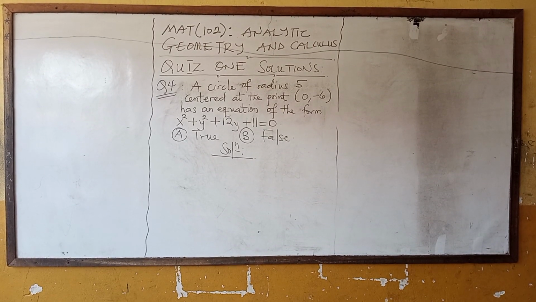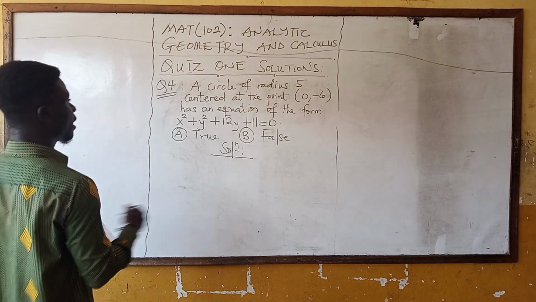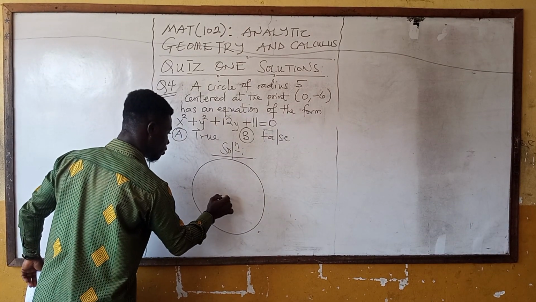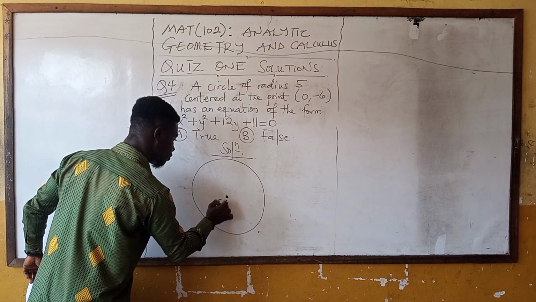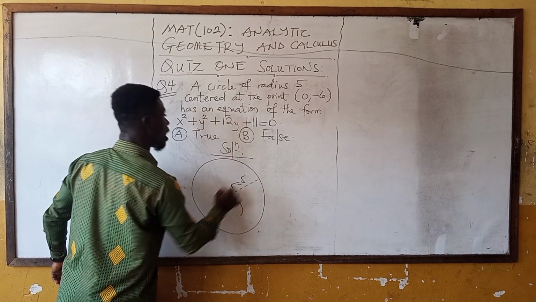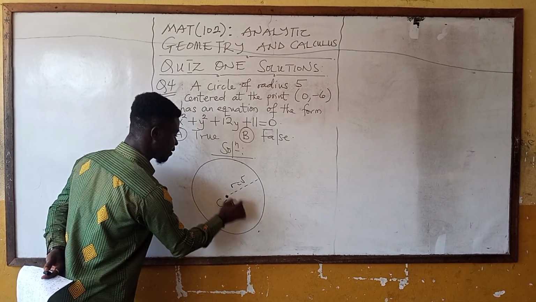A circle of radius 5 centered at the point (0, negative 6) has an equation of the form x squared plus y squared plus 12y plus 11 equals 0. A, true; B, false. So now let's see our solution. So a circle of radius 5, we can draw our circle, centered at the point, so that's the center (0, negative 6).